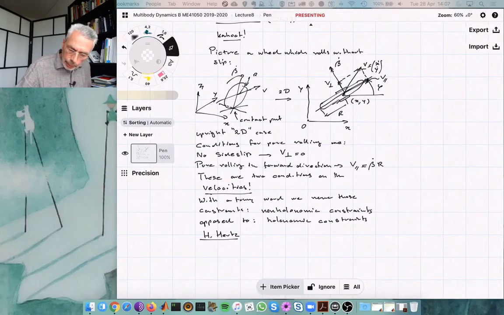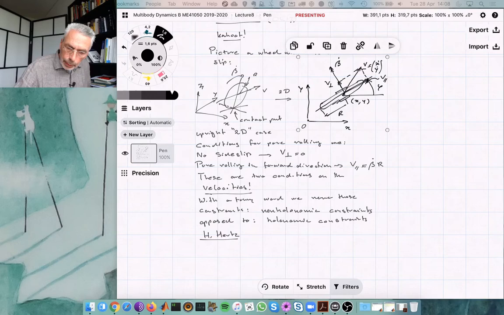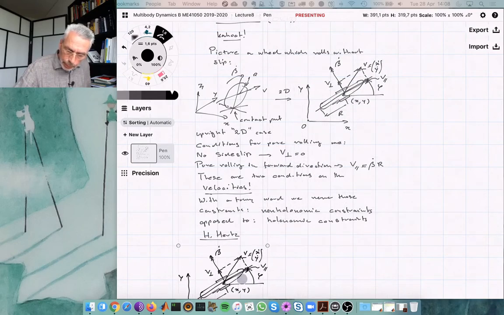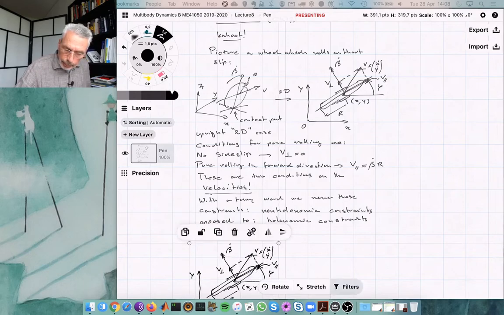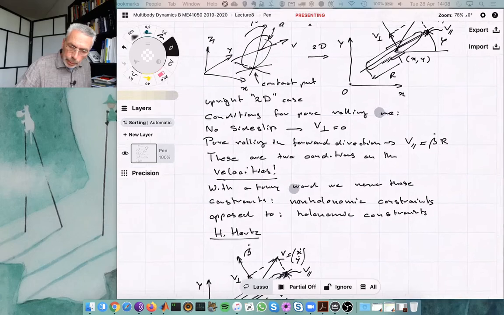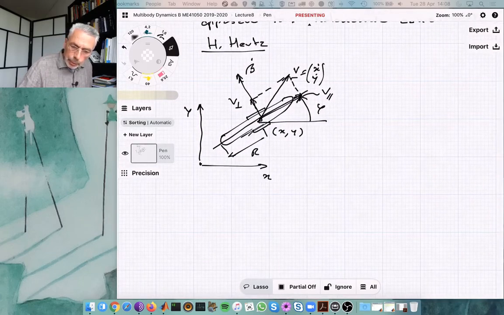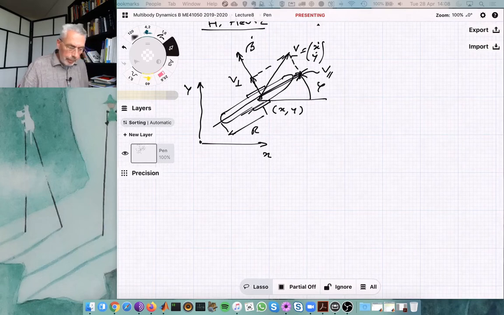I duplicate it, and then I put the duplicate here. No, that's okay. So let's look at the picture.